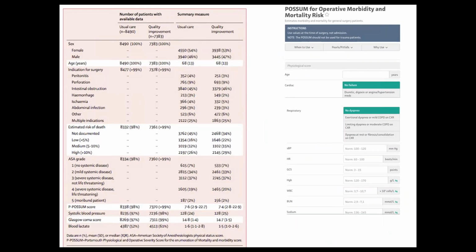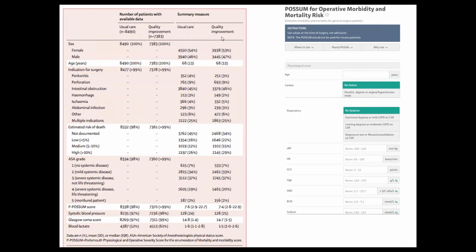And the patients were pretty sick, as we can see from their various scores that were shown here, Glasgow Coma score, and whether or not they had life-threatening illness and what have you. I was interested in the POSSUM score, so I had to Google it to find out how the POSSUM score works.